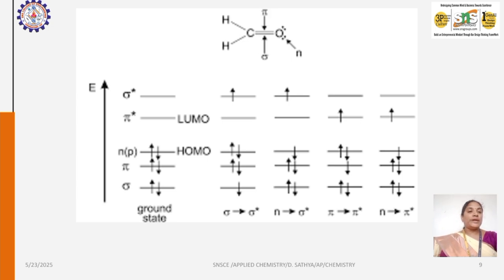In the same way, n to pi star, the non-bonding orbital electrons jump into the higher level, n to pi star. In the third row, the pi electrons go into the upper level, that means the pi star level, and from the non-bonding orbital also one electron goes into the upper level, pi star. So the 4 transitions are discussed in this example.